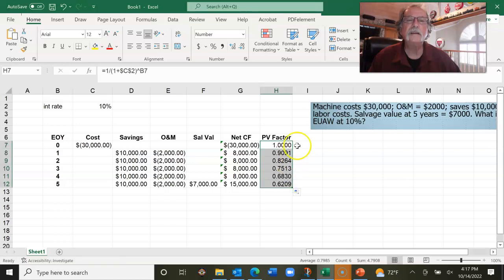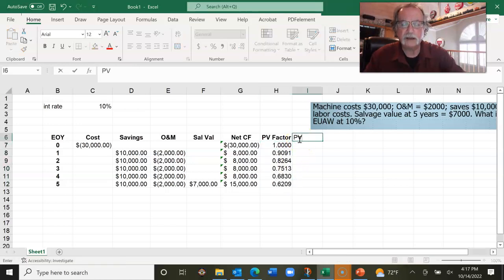The present value of the cash flow is simply the cash flow times the present value factor.